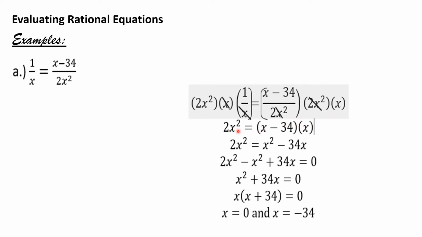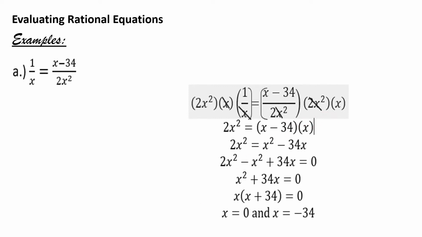So we have now 1 all over x times 2x squared times x, since this is our LCD, and then multiply also to the right side of the equation, x minus 34 all over 2x squared times 2x squared times x.